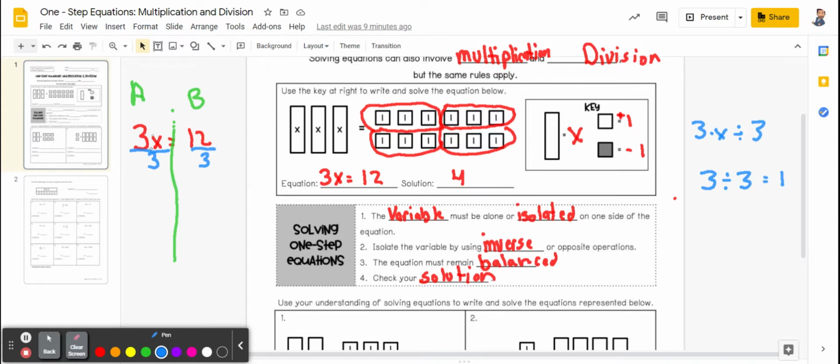So we can divide each side by 1. When we do that, this is going to cancel out, because the 1 just means 1x, or just x. And then on the other side, 12 divided by 3 is 4. All right, let's go ahead and look at step 1 down here with the models.